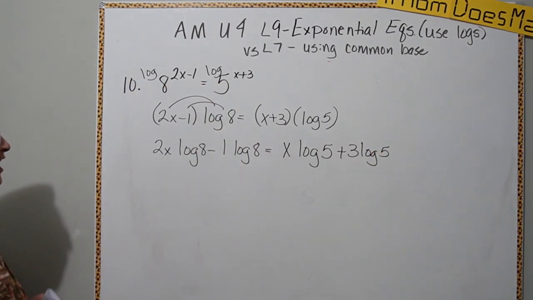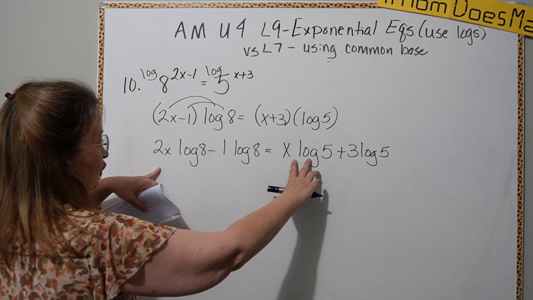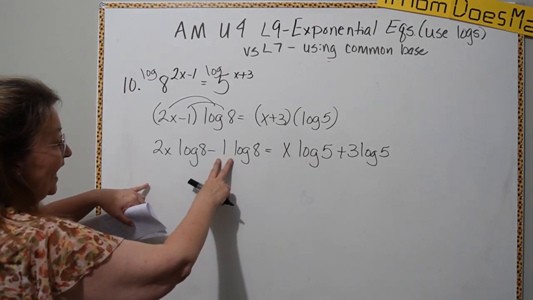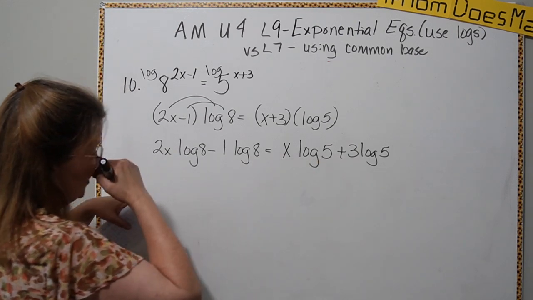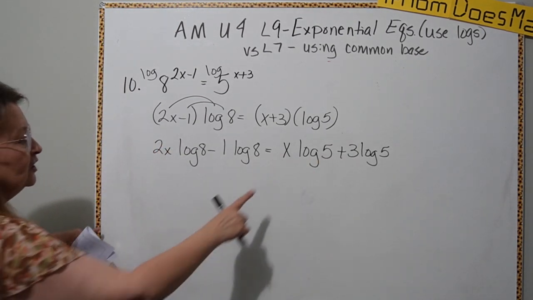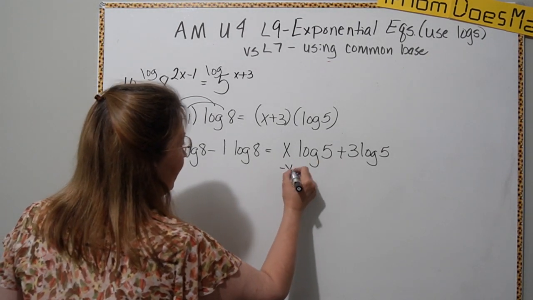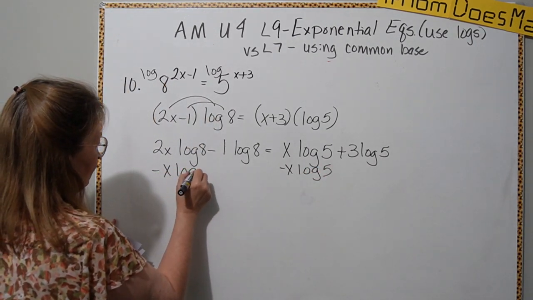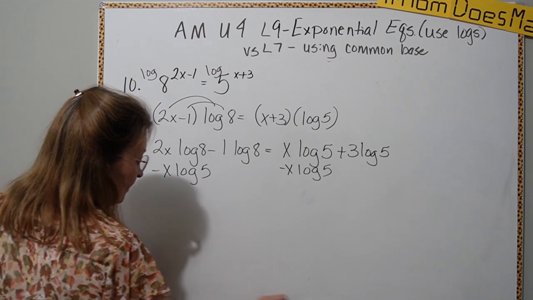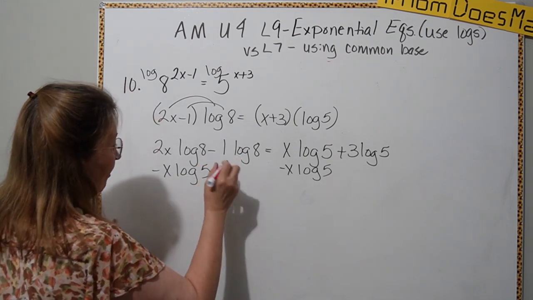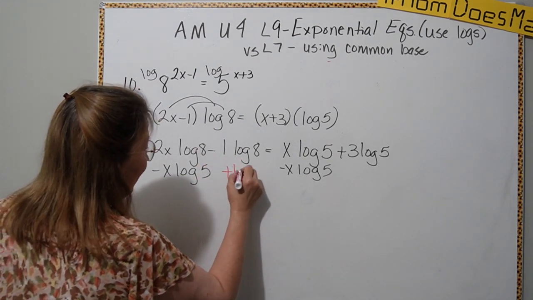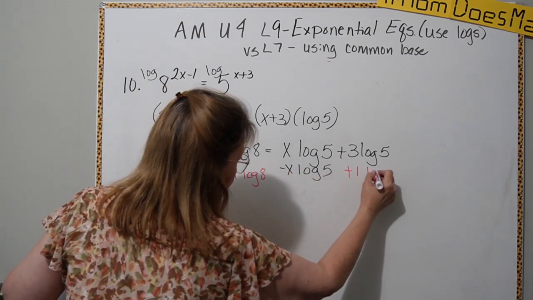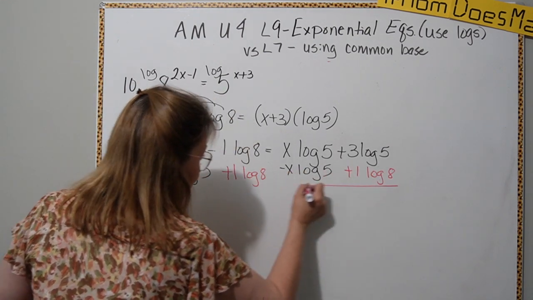Okay, so now I would like to have my term that has an x over here with the 2 and my term that has no x's over there. So let's do that all in one step. To move this one, I'm going to subtract x log 5 from each side. And then to move this one, it's negative, so I'm going to add 1 log 8 to each side.